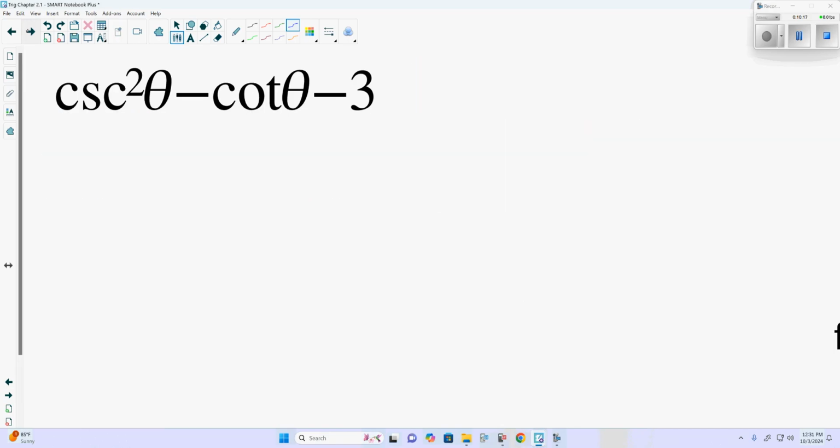Cosecant squared of theta minus cotangent of theta minus 3. There's an issue we have with this one. Our terms are not the same. Because I either need it all in terms of cosecant or all in terms of cotangent. Now, we did have one of our Pythagorean identities. Cotangent squared of theta plus 1 is equal to cosecant squared of theta.